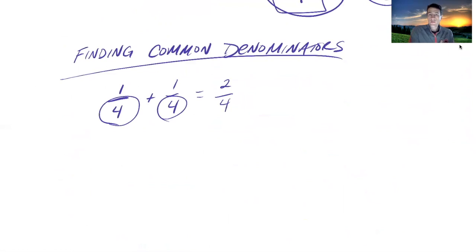Now, for sake of remembering to simplify, we can go into that really quickly. Remember, to simplify, you want to bring it down to lowest terms. What can go into both the top and the bottom? Remember, we always say try 2, 3, 4, 5. Usually those are the ones that always get you to lowest terms. In this case, 2 divided by 2 is 1, and 4 divided by 2 is 2.